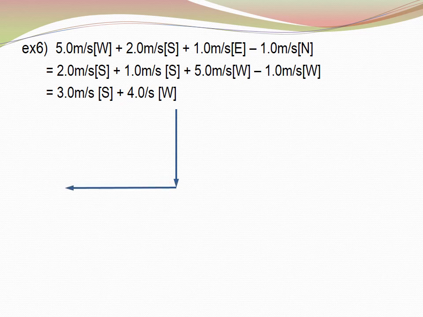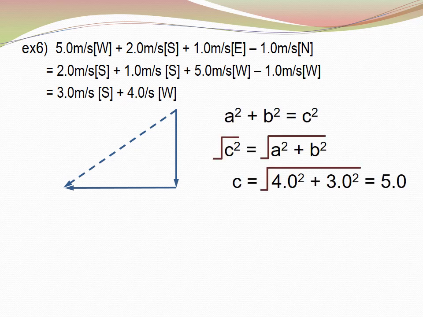And just like before, I'm going to start at my starting position, and I'm going to draw a resultant vector that travels down to my finishing position. To find its length, we're going to use Pythagorean's theorem again, and we'll get the exact same answer. And just like before, we're going to have to add in a direction. So we started by going south first.